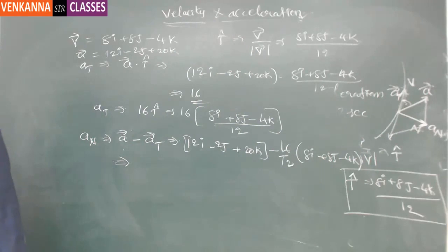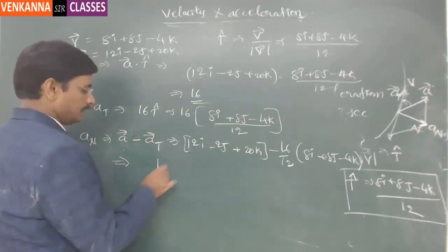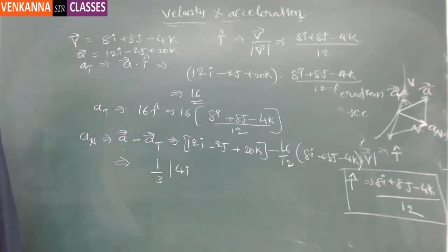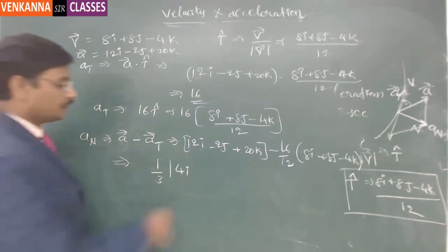Can you simplify this and tell me? Four i minus 26j minus 44k. 1 by 3 times of 4i minus 26j minus 44k.